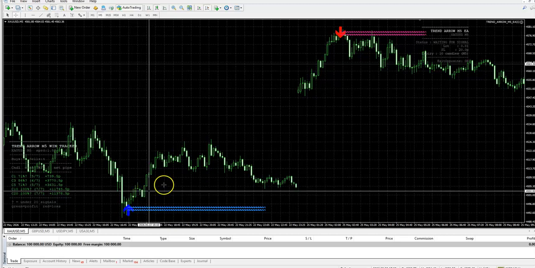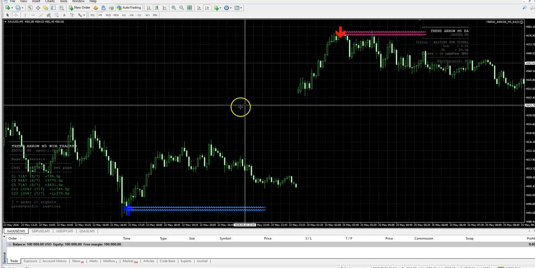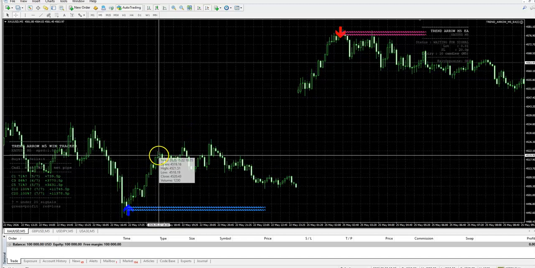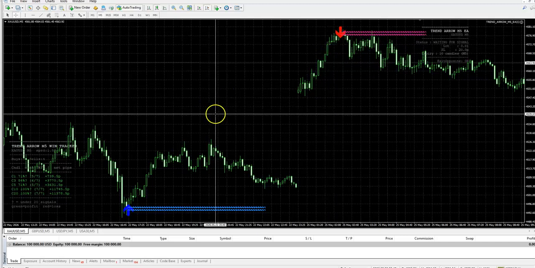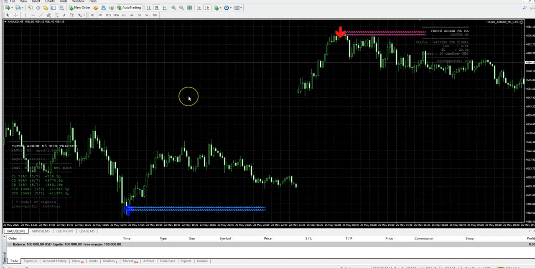If we don't have these 10 candles, or if the red opposite arrow comes before, it will close the trade after the opposite arrow. You see? So you can keep it like this, from this to this only. You see, it is 94 candles even, but the profit is high. So always use this.